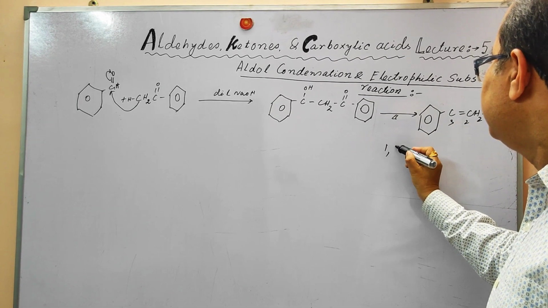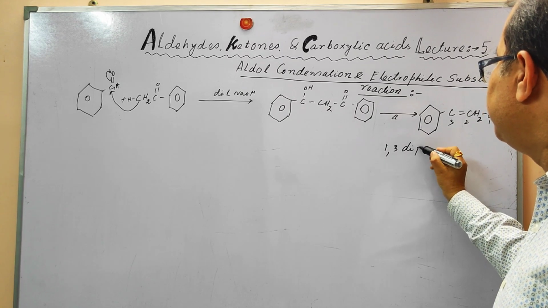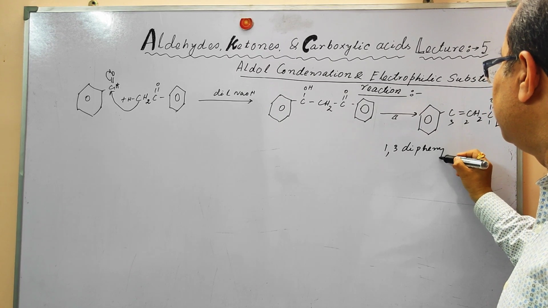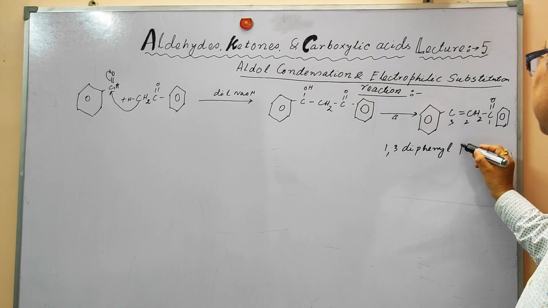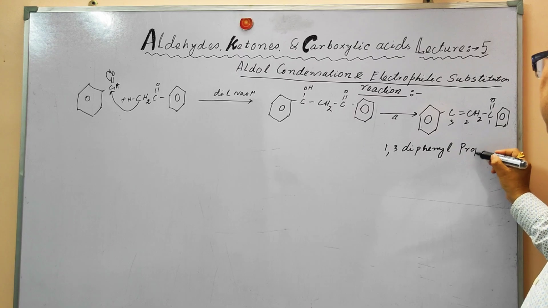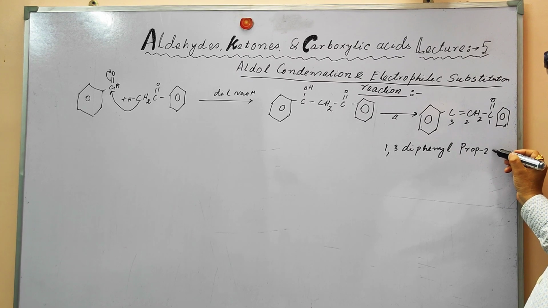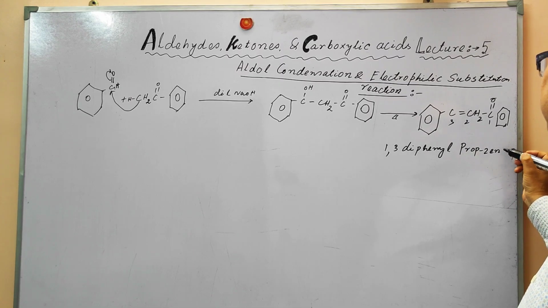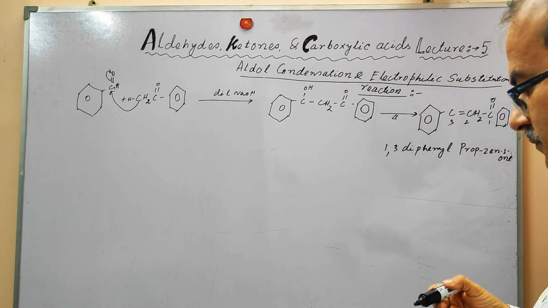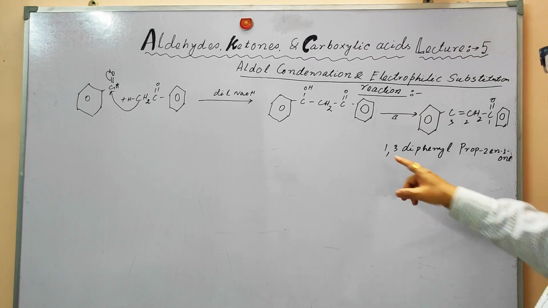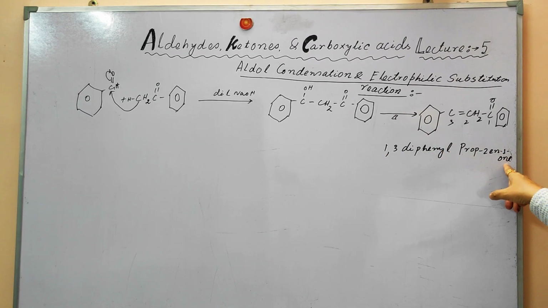This is 1,3-diphenylprop-2-en-1-one. So you can see 1,3-diphenylprop-2-en-1-one.